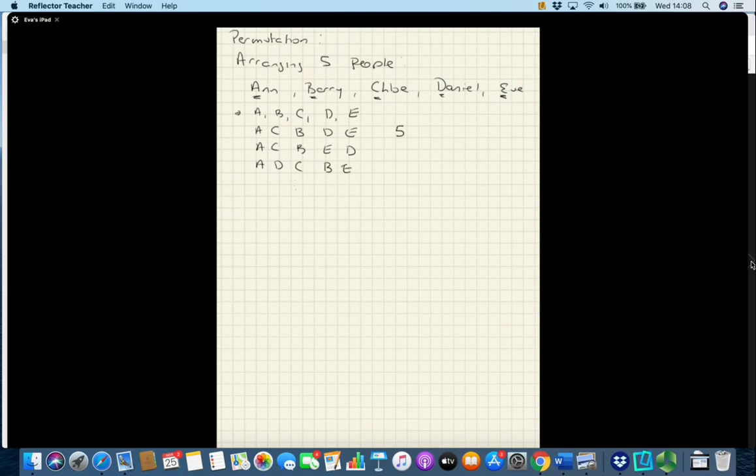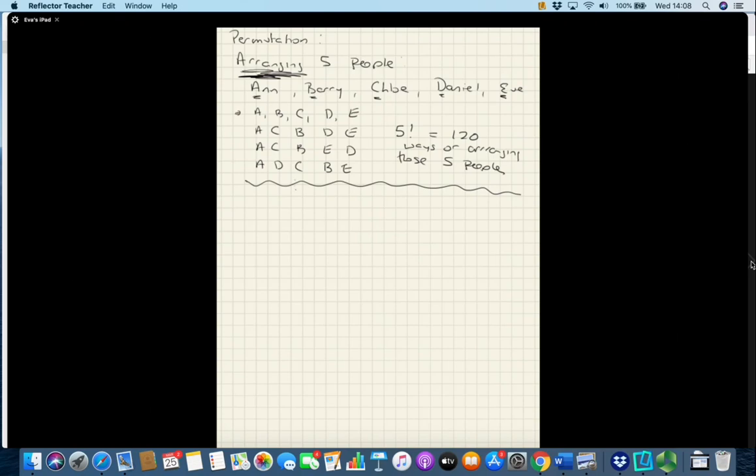So in fact I have 5 factorial, so 120 different ways of arranging those 5 people. Okay, that's a permutation. Keyword being arranging. That is an absolute keyword. They won't tell you it's a permutation, but they will have the word arranging there.